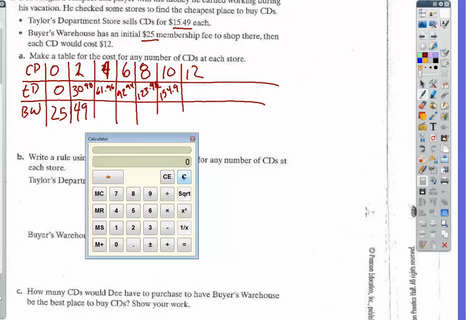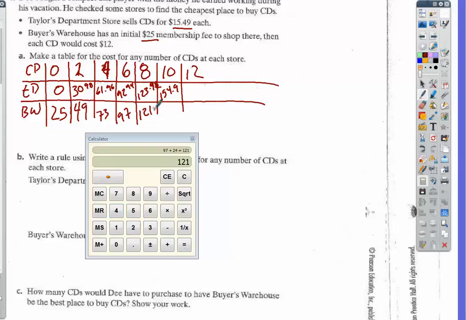All right. For the Buyers Club, we're at $49 plus 2 more CDs, $12 each, so that's $73. Now $73 is still more expensive than that one, so I have to continue. So plus another $24, I get 97, which is still more. So plus another $24.